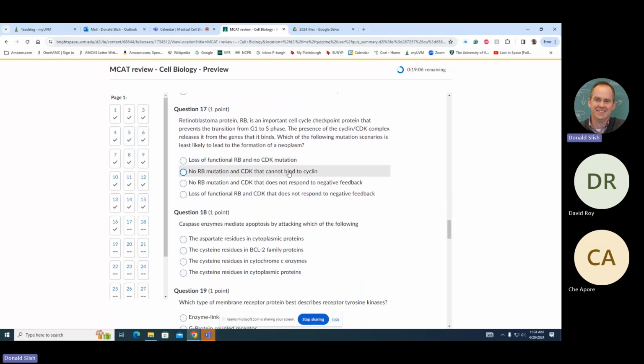Cyclin that cannot, well, this one then, right? Because RB is normal and the CDK is not going to inactivate RB. So this is definitely not going to become carcinogenic. This could be carcinogenic, right? And loss of function, no, definitely not.